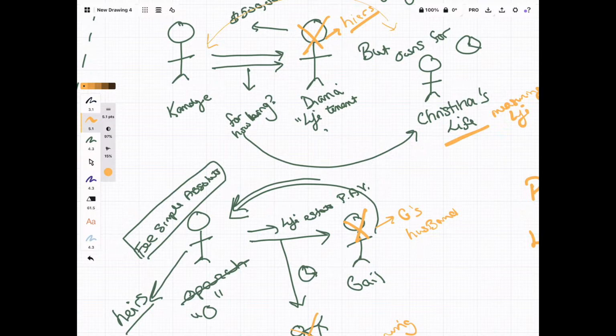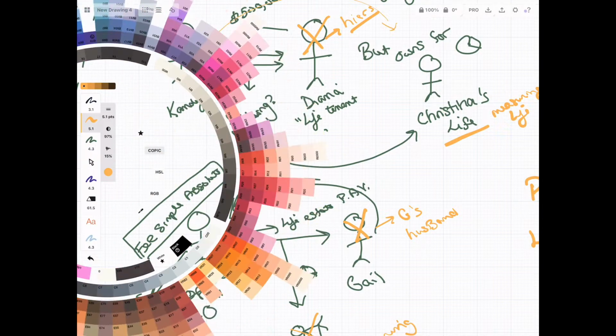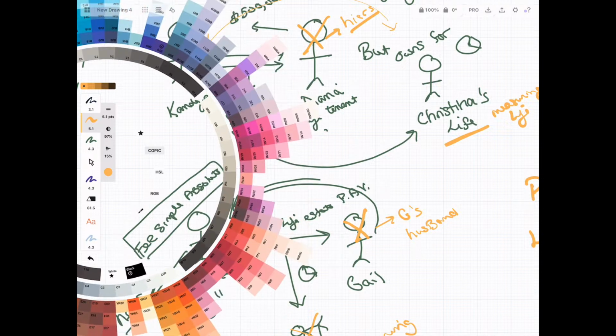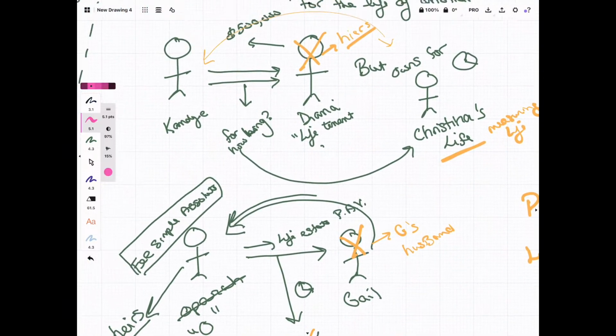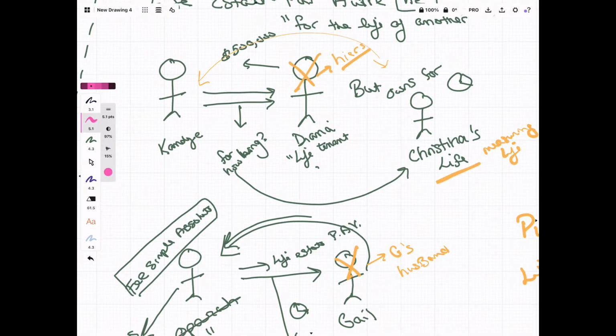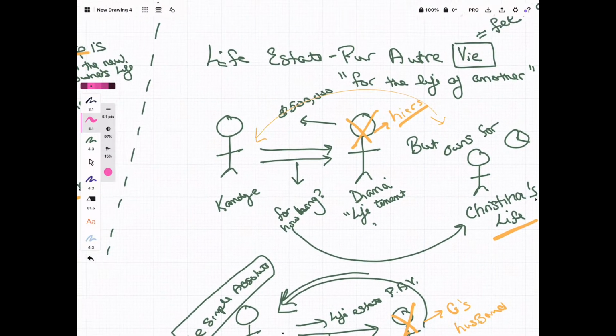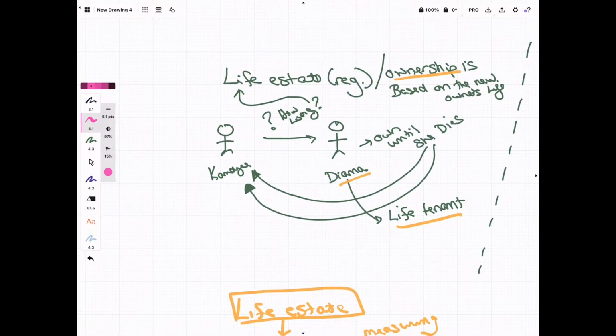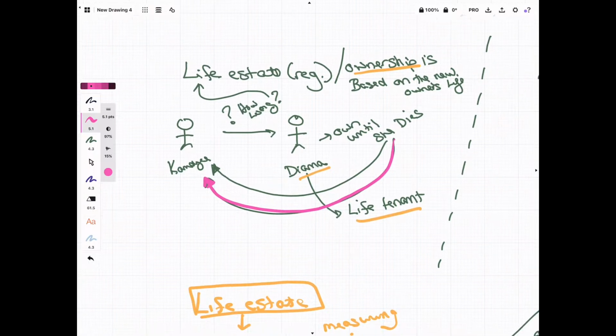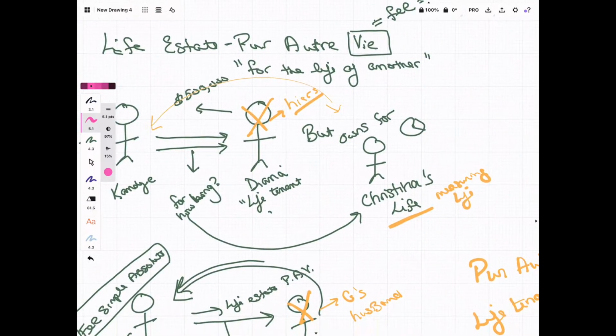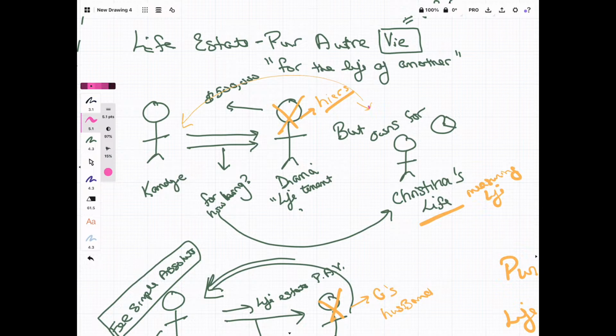But I'm going to add one more level of complicatedness, because I do believe the real estate gods hate us. Let's add another bit of complicatedness in red. That's pink. You know how, in this instance, it went back to me?